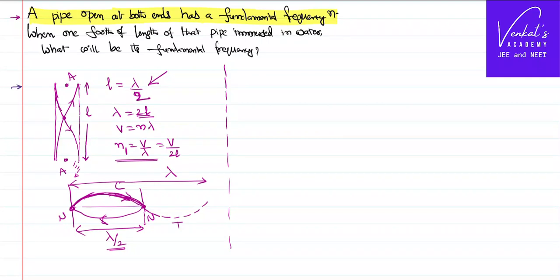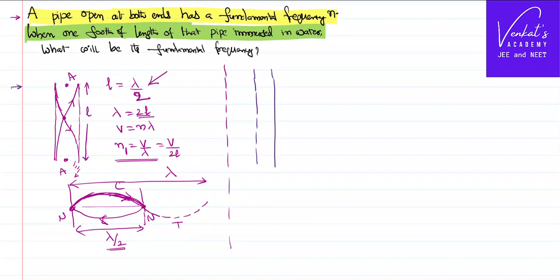What is that problem? When 1/4 of the length of the pipe is immersed in water, let me demonstrate what the meaning of that is. It is the same open pipe, but he filled 1/4 of it with water, immersed in water. So this is all water.